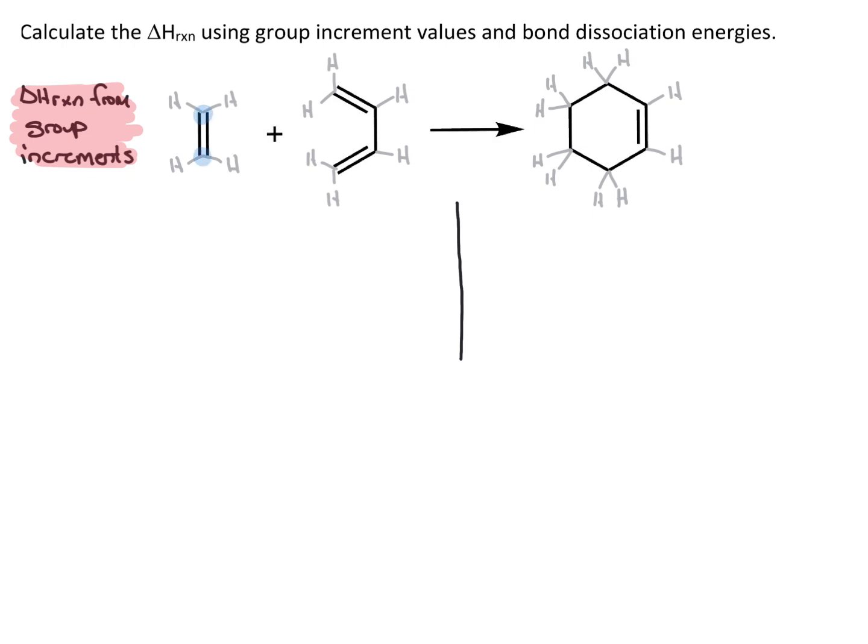And I'm going to just label those as type A. All right, so type A, we have two of those. And how do we classify these? Well, these are double bonded carbons. So we would say CD, and that CD accounts for the double bond.